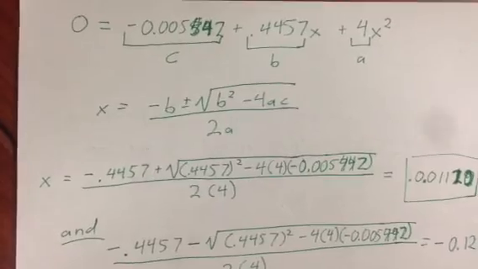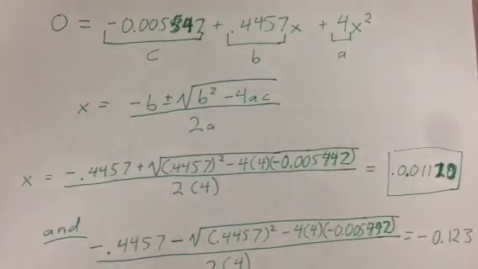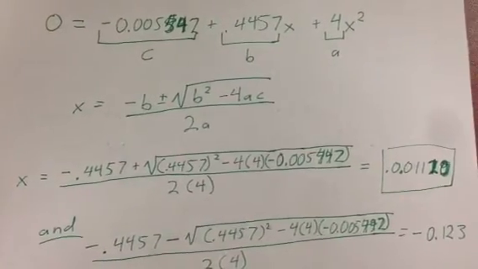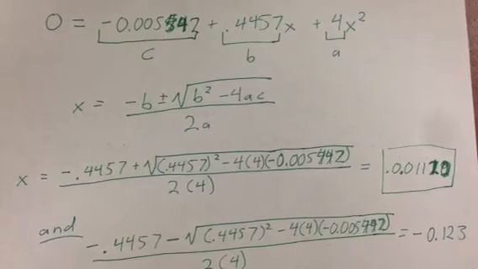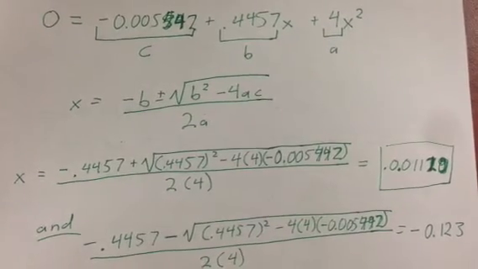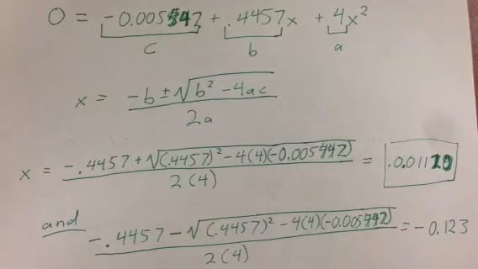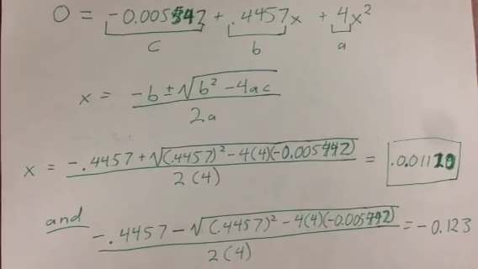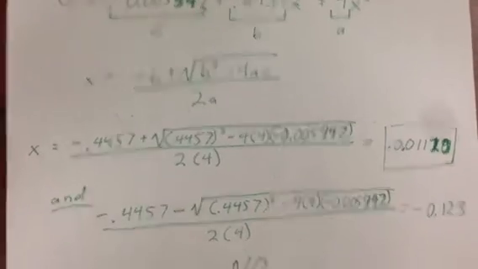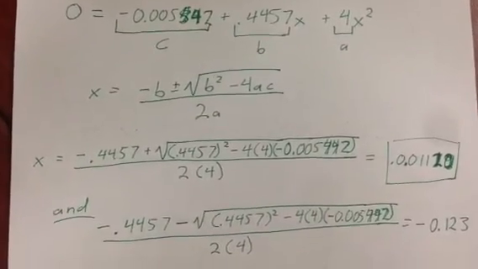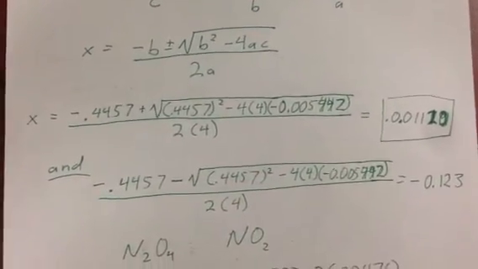We plug that into our quadratic formula. Okay, so I've identified A as the number in front of our x squared, B, the number in front of our x power, and C, the constant, all set equal to 0 in our quadratic equation. We go ahead and plug in.